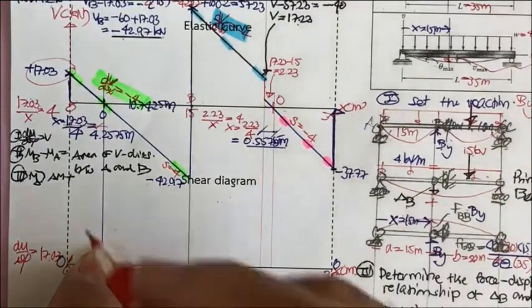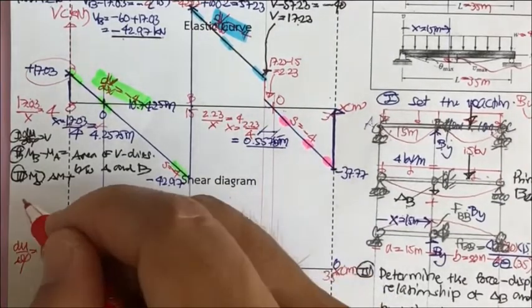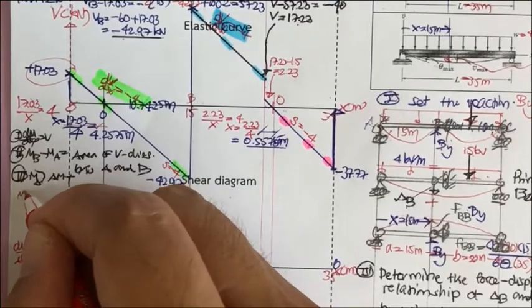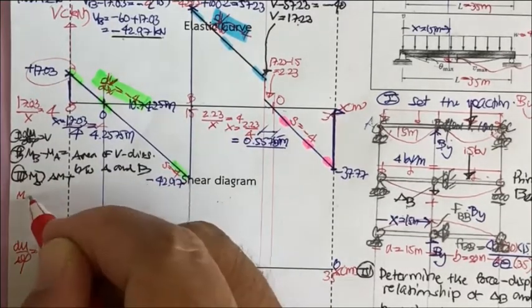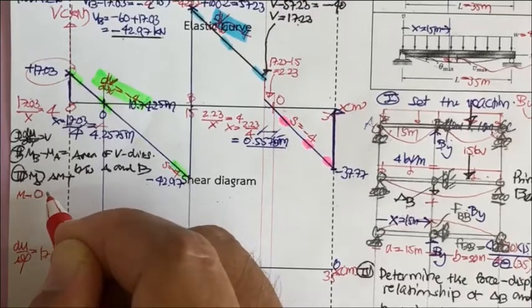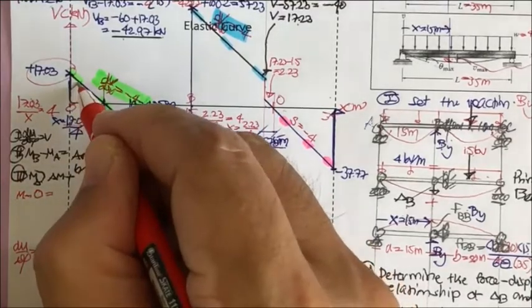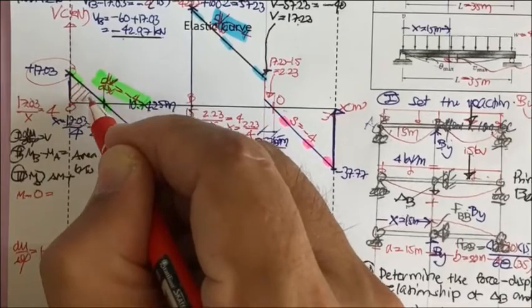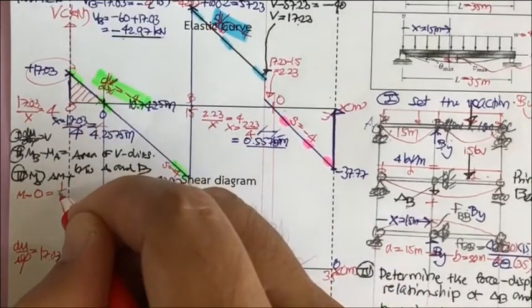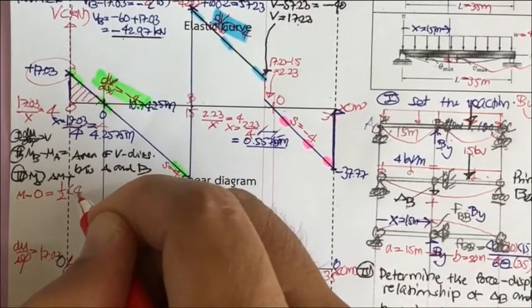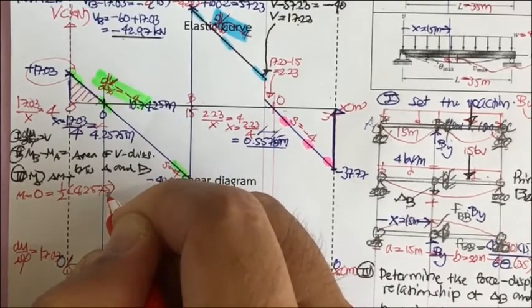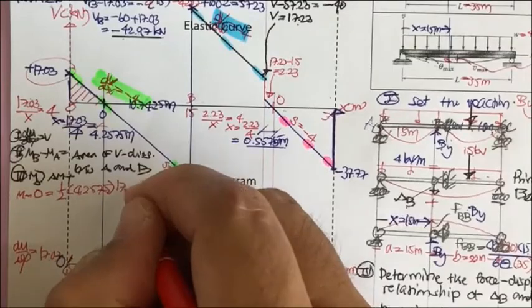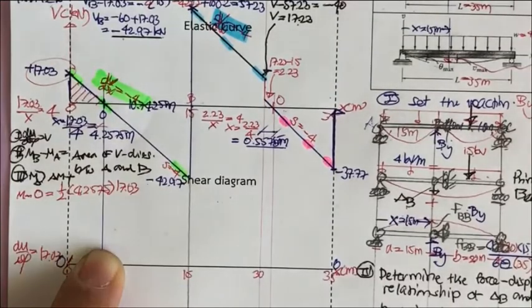Okay, and the value of moment here is what? From here, M here minus M here, minus 0, is going to be the area here. It's going to be 1/2 of 4.2575 times 17.03.